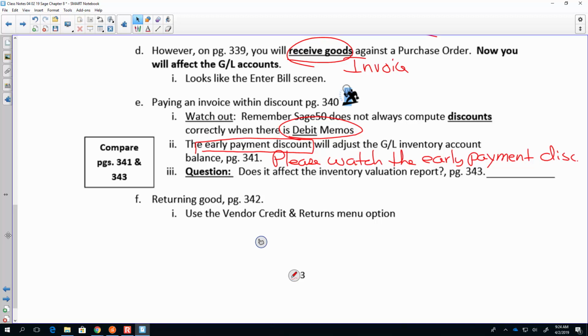You might have to override Sage's amount. Also be aware that that discount has no effect on the inventory valuation report.